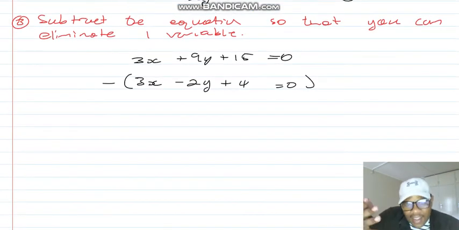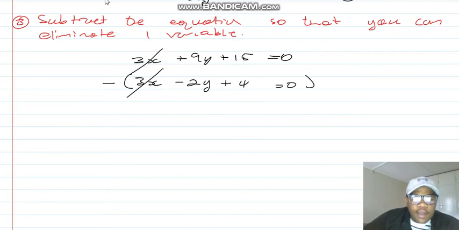It's very nice, we move from subtracting numbers to subtracting equations. That's amazing for me. Anyway, when you subtract, you're going to see that the 3x terms will disappear. 9y and minus 2y give you 11y. And 15 minus 4 gives you 11, because this minus comes here.